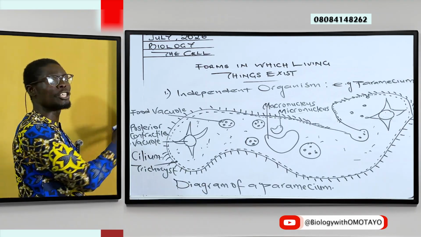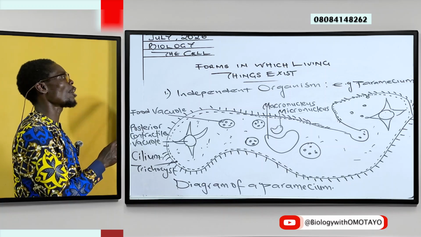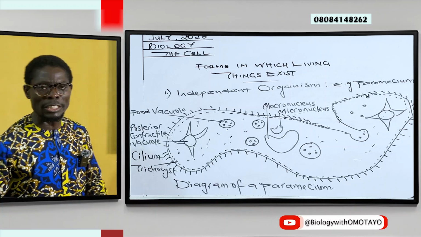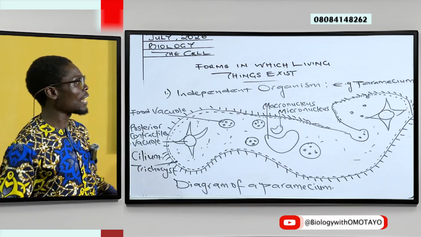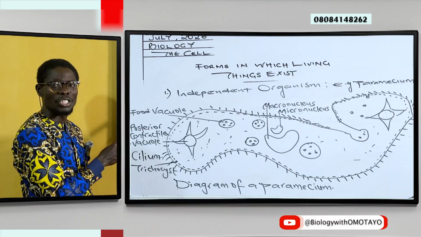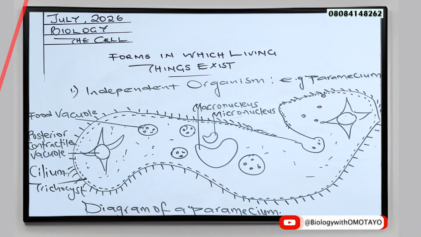And then you have the cilium, which is the organ of mobility. You have the posterior contractile vacuole that helps in osmoregulation, that is the regulation of salt and water. Just as we have the posterior, we equally have the anterior contractile vacuole here, which serves the same function. And then the food vacuole, which serves functions with regard to nutrition.